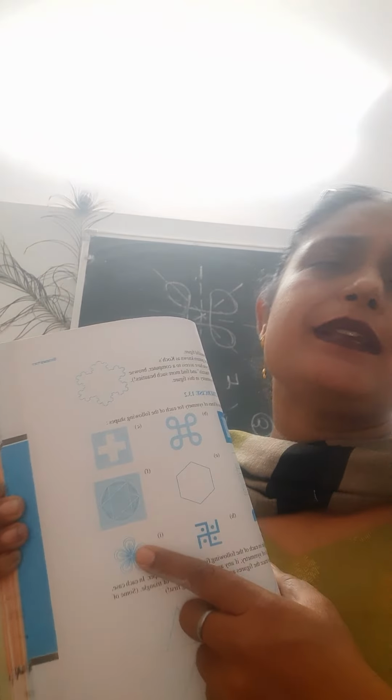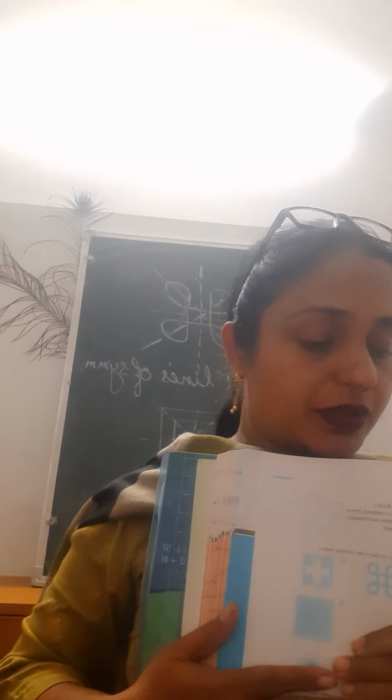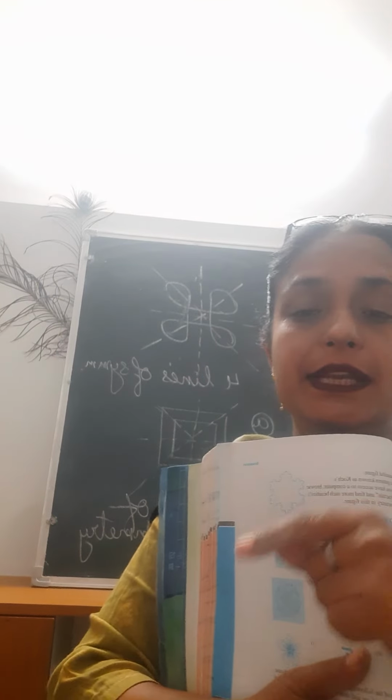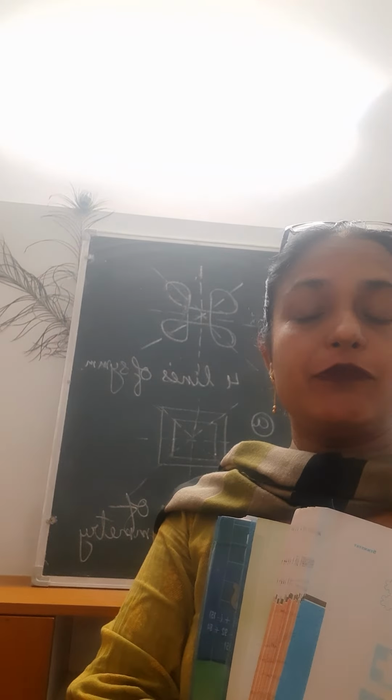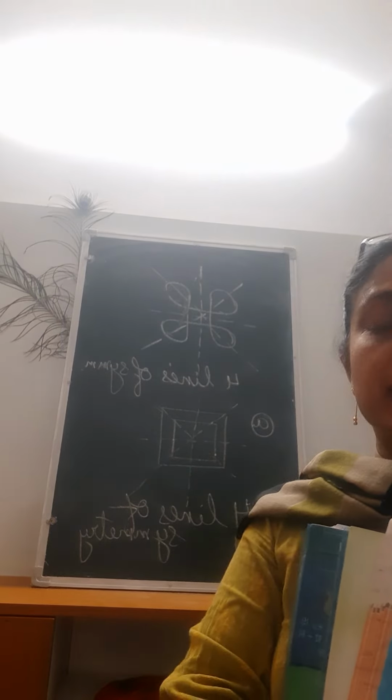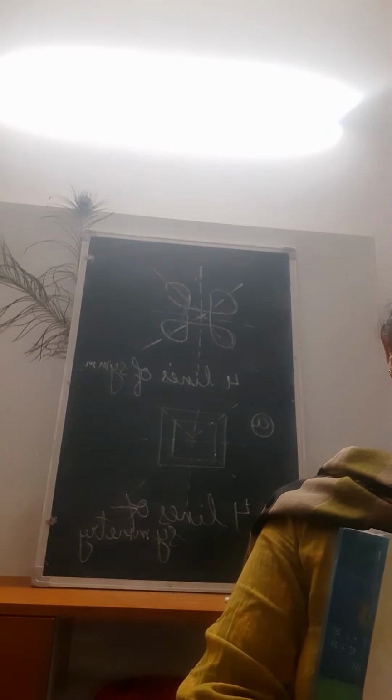So a better thing is, students, use the practical way. Draw these figures on a sheet, cut with the use of scissors, and then try to fold it. If it folds into two equal parts, that shows that the figure is symmetrical.